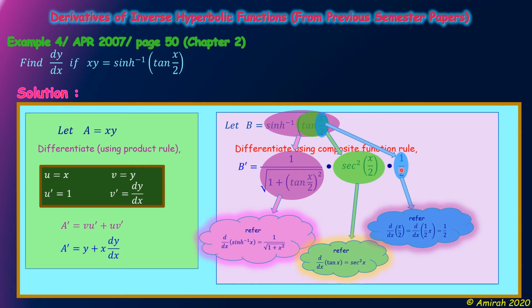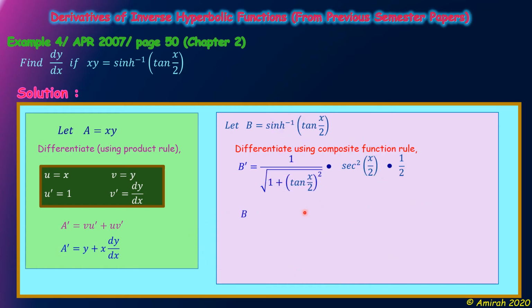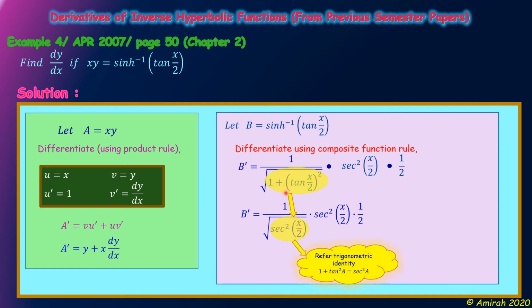Is it clear? Alright, and then we can simplify using a trigonometric identity. How do we get this?